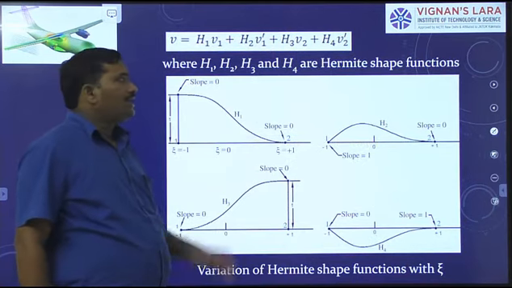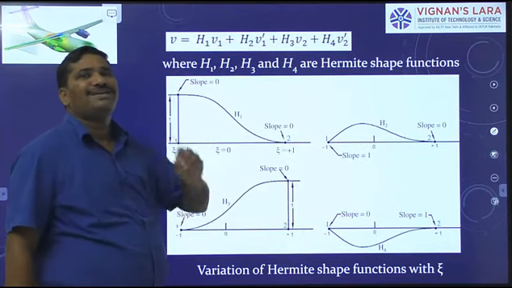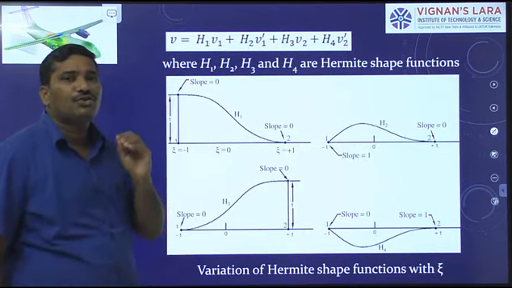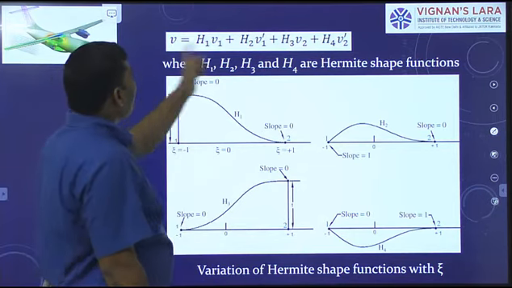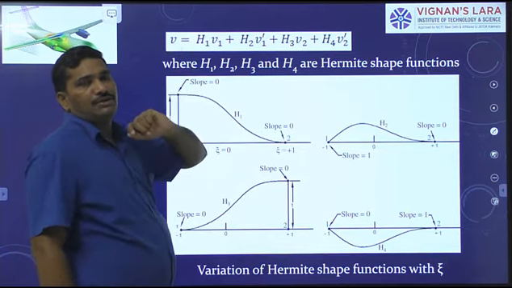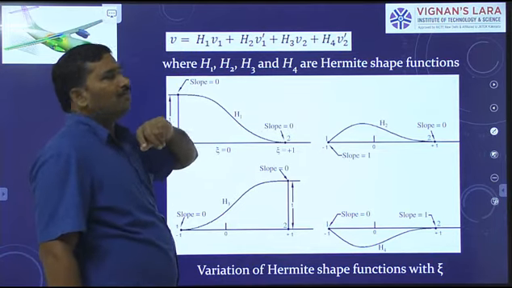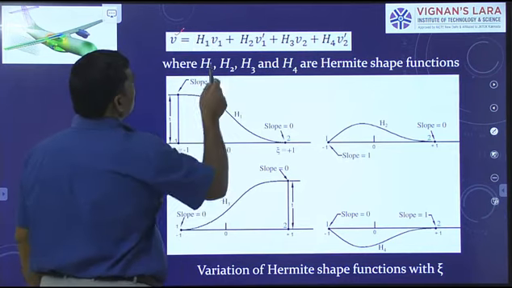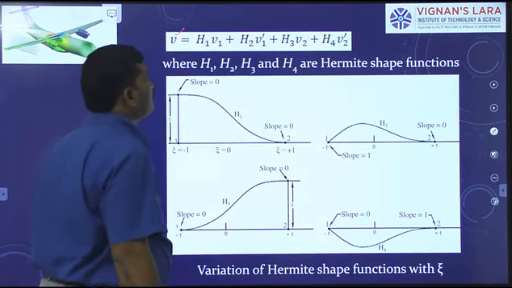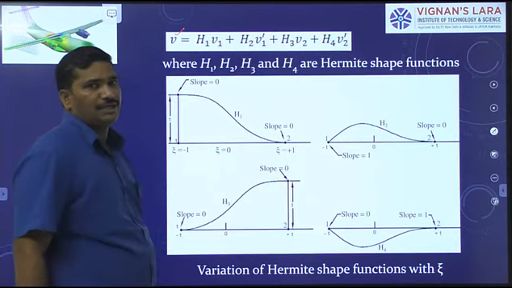Here the shape functions are derived in terms of the natural coordinate j. So what is the expression for representing the beam deflection? The expression for the beam deflection, V equals H1 V1 plus H2 V1 dash plus H3 V2 plus H4 V2 dash.